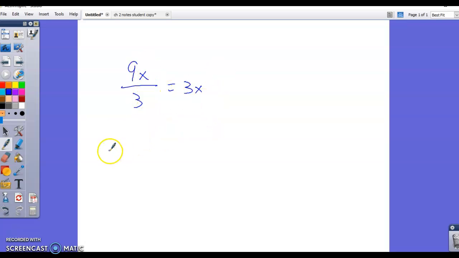It could also be written like this, maybe 12x divided by 4. Well, 12 divided by 4 is 3, and then we still have our x right there. We're not going to get into the division property of exponents, but you can simplify two terms with multiplication or division, and they don't have to be like terms. So that's a quick review of multiplying exponents.